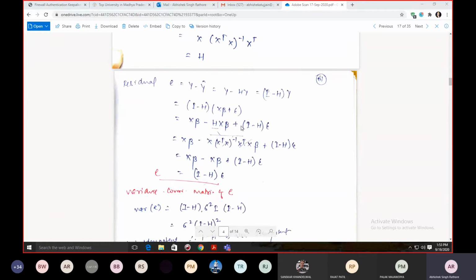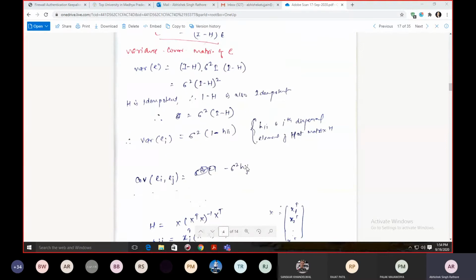So on solving, we get the residual is equal to (I minus H) into the error. So instead of having y, we can calculate the residual as identity minus your hat matrix, and it gives you the value of the residual. Instead of calculating all those y, you can just have the error values and multiply all those values by subtracting your hat matrix from your identity matrix.